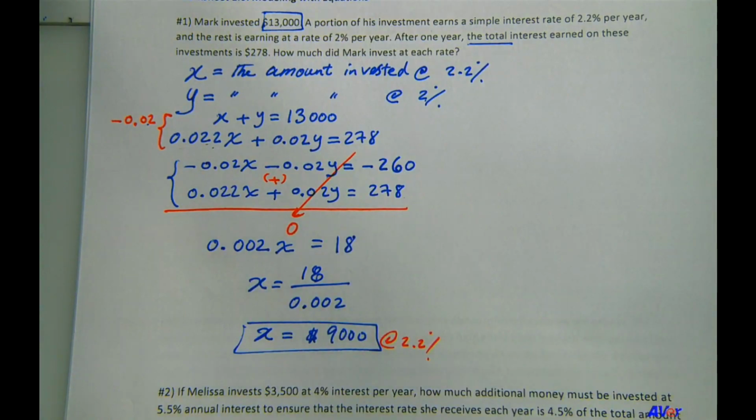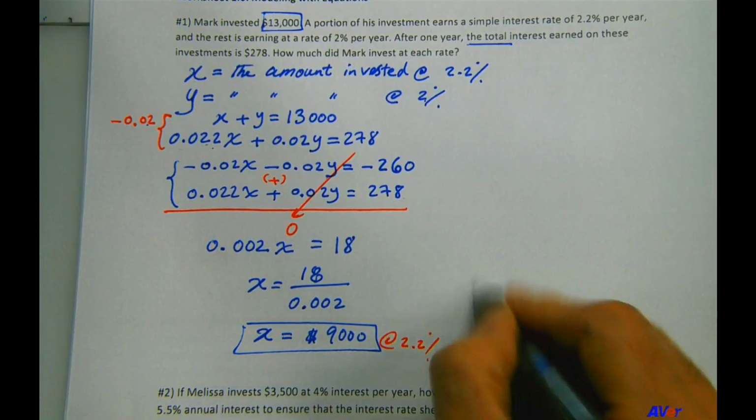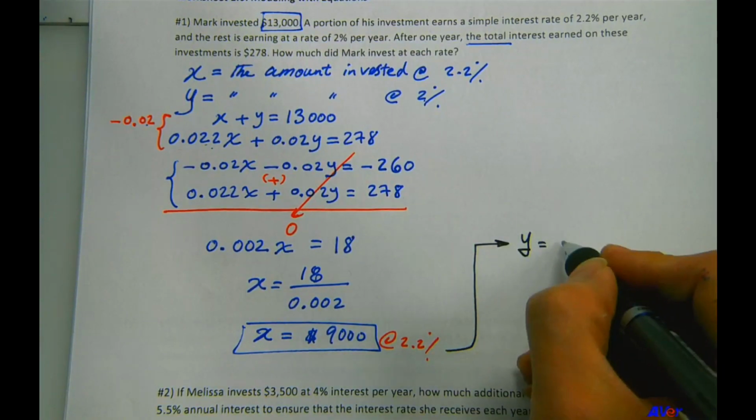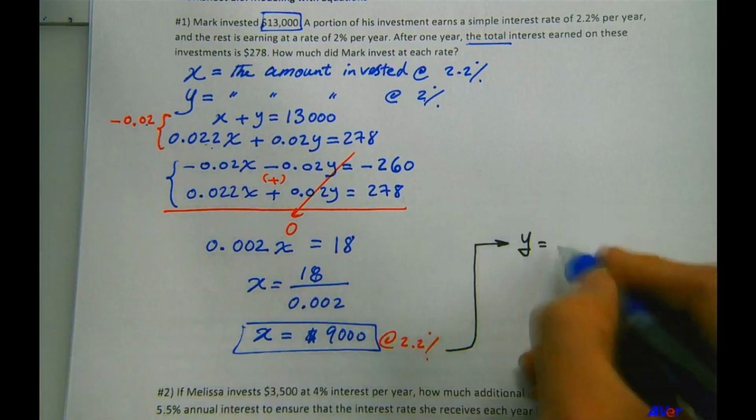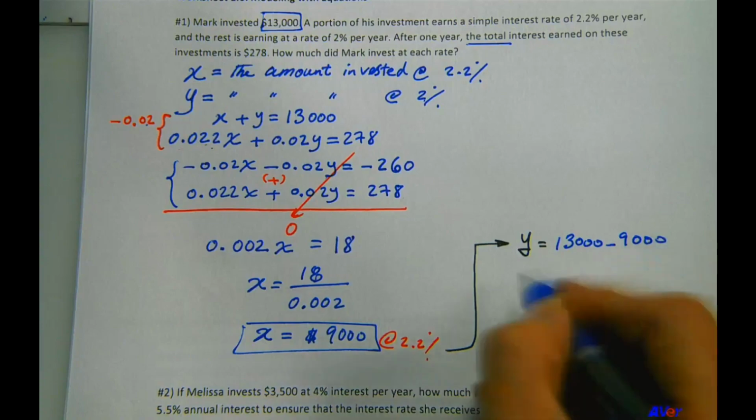Okay, so how much was invested in the other account? We can find that very easily, right? The other account must have 13,000 minus 9,000 because the total money was 13,000. So if 9,000 went into X, then the rest is going to go into Y. So then Y would be equal to 13,000 minus 9,000.